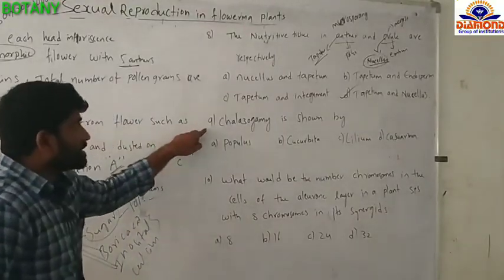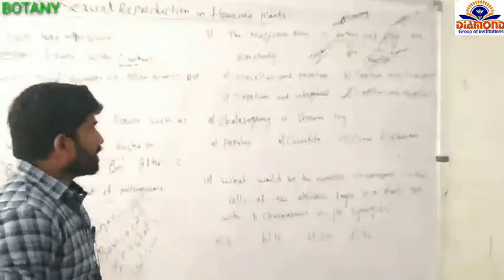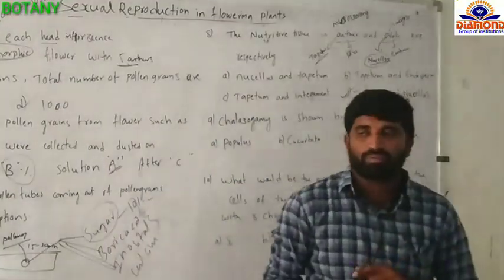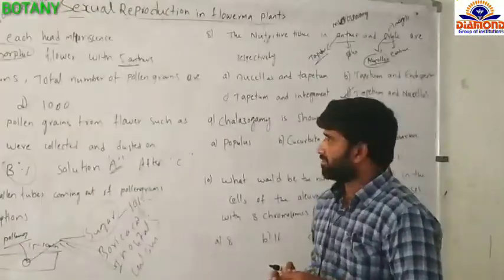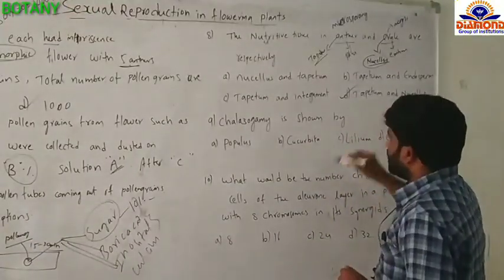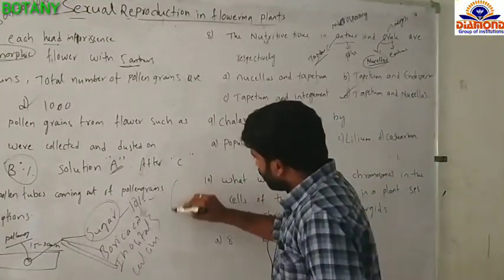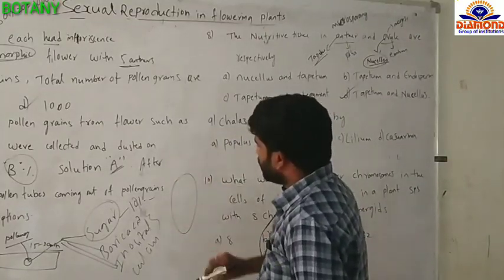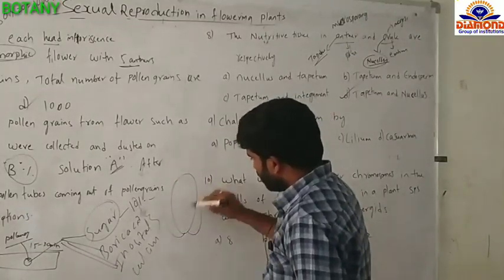Next one, chalazogamy. This is the entry of the pollen tube into the embryo sac. At the time of fertilization, based on the entry of the pollen tube into the embryo sac, it is classified into 3 types.